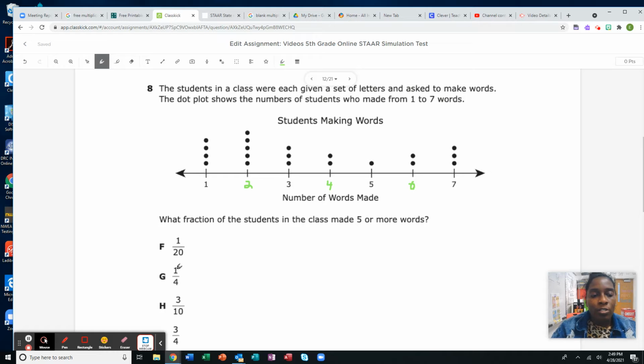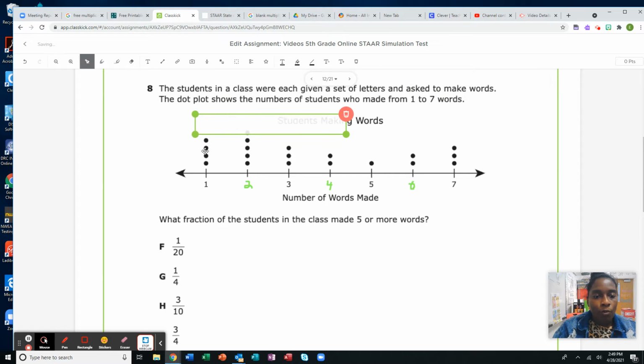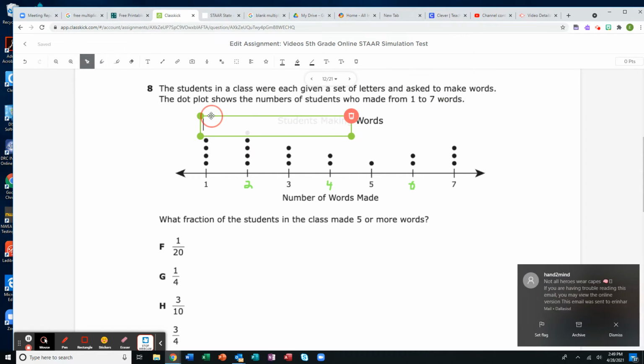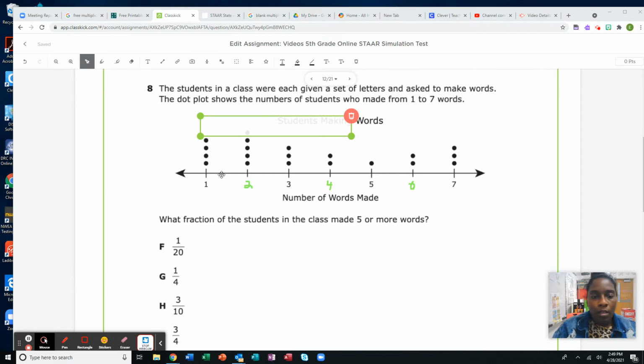The next thing you're going to do, it says, what fraction of the students in the class made 5 or more words? So when we have a dot plot like this, we have to go and number it. So we're going to put numbers above here. For one word, we have 4 students. For 2 words, we have 1, 2, 3, 4, 5.